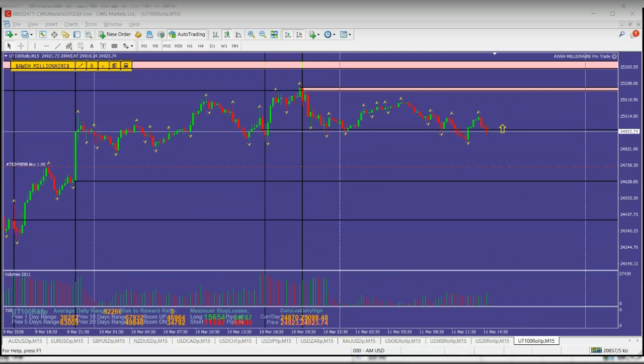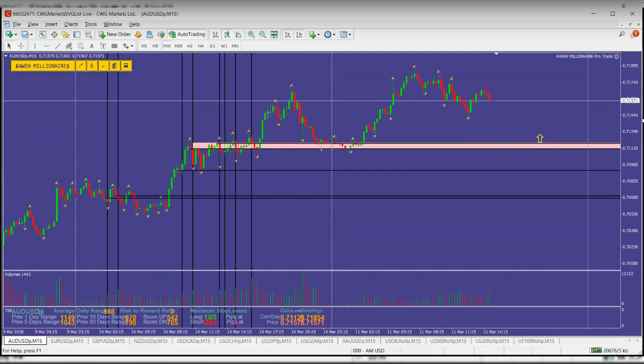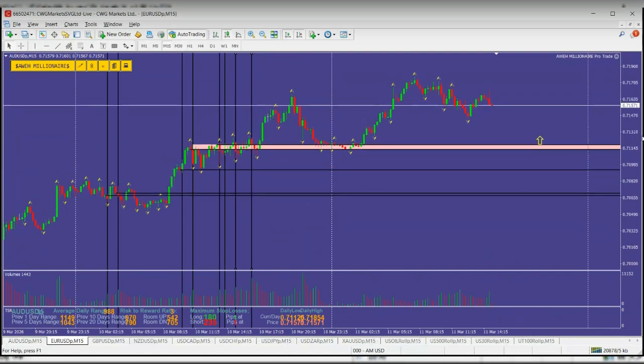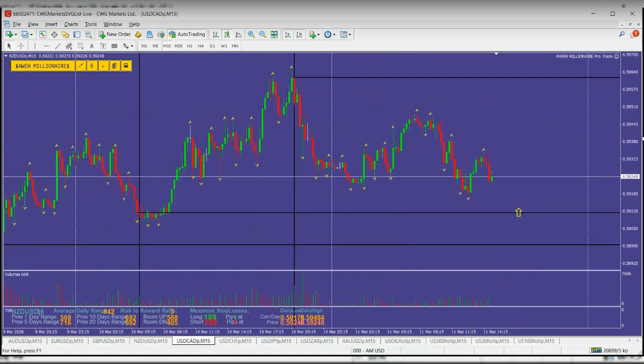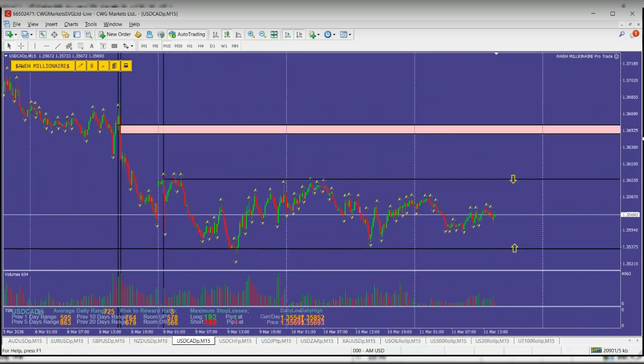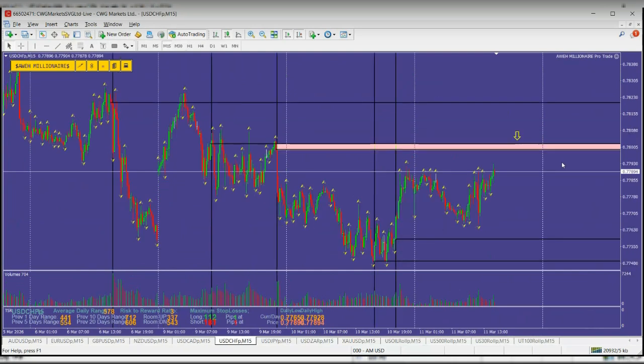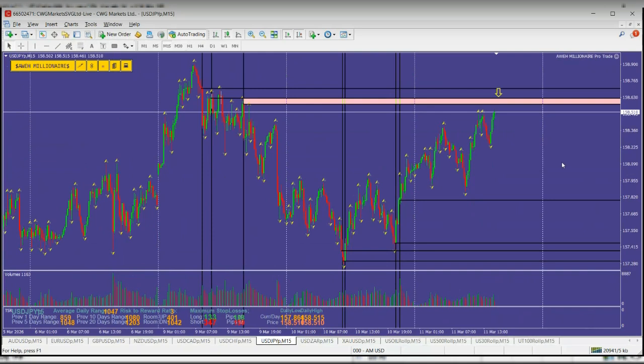So one last run through. We've got NASDAQ that we see here. We've got Aussie dollar, Euro dollar, GBP USD, NZD USD, dollar CAD, dollar Swiss, USD JPY.